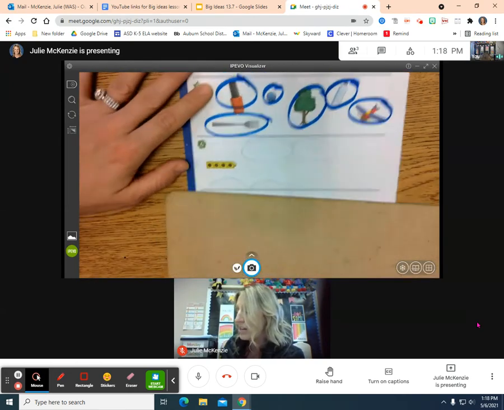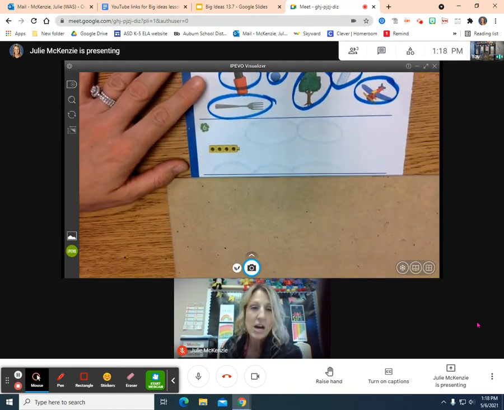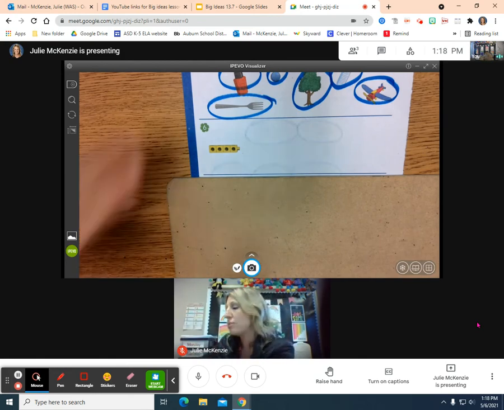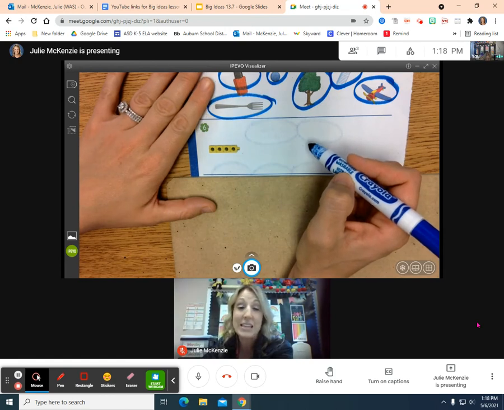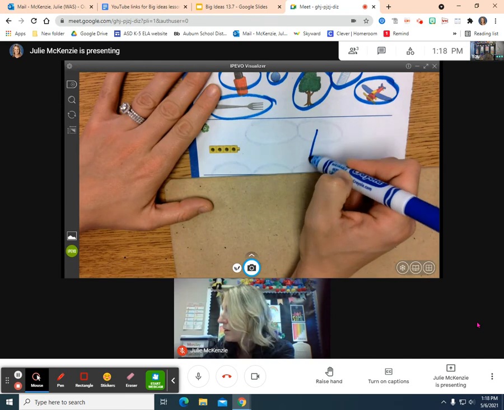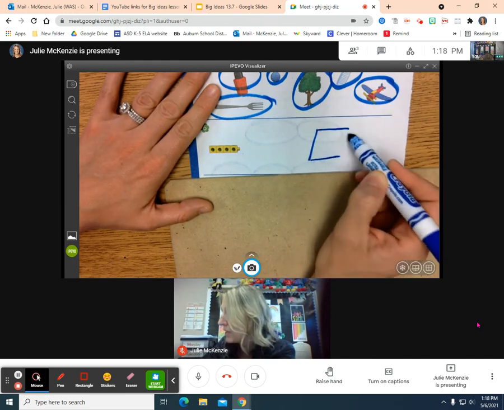All right, we're getting close to the end here. Number 6. Please draw an object that has length as an attribute. You could draw probably just about anything that you could measure its length or its height. I'm going to draw a book. So if you want to draw a book, you could do the same thing as me.